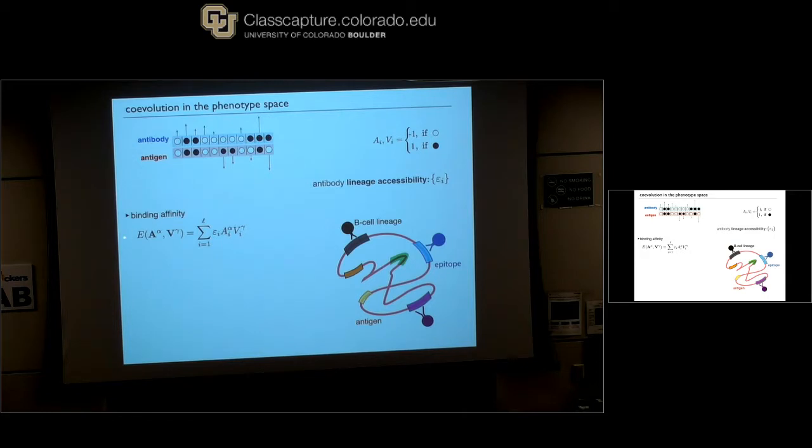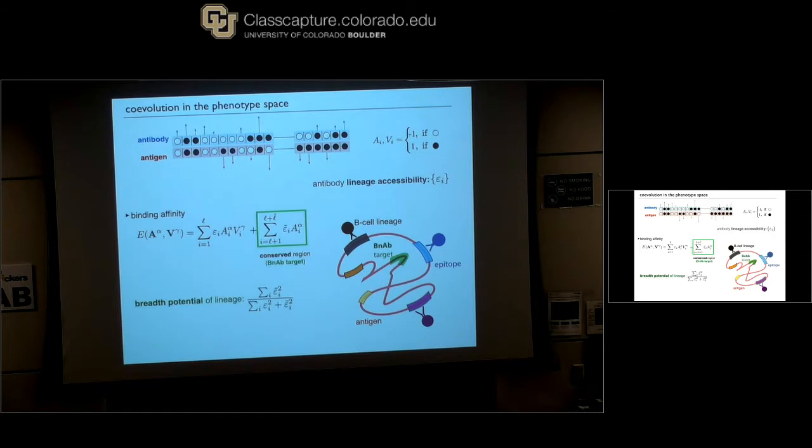So we define the energy, or affinity, between a specific strain of an antibody and a specific strain of the virus. And there are, again, the quenched variables epsilon i that say the contribution of different sites to the affinity. Then there are regions in the virus that are conserved, so it's very difficult to flip the spin in these regions.